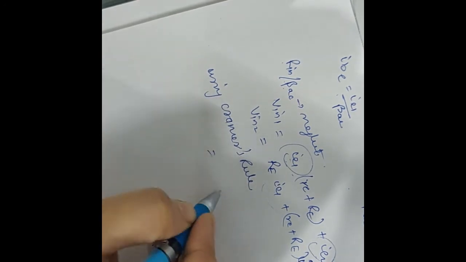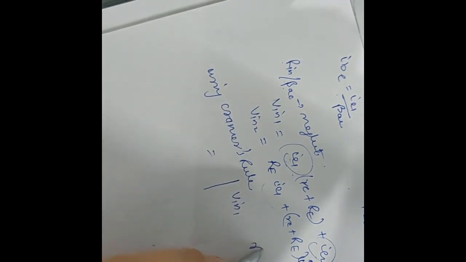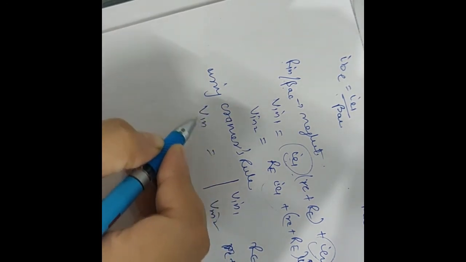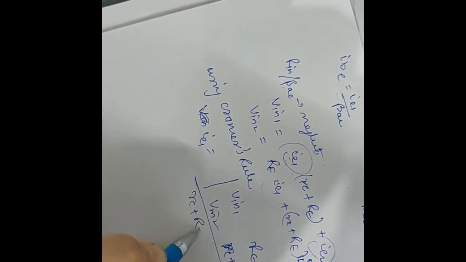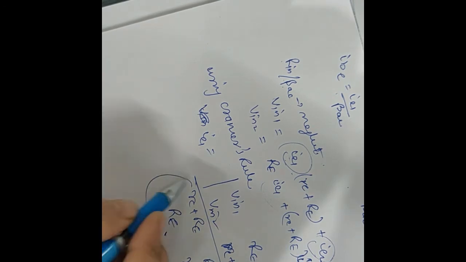So in this matrix you have Vin1, Vin2, Re, and re plus Re, and this is the value of Vin1. We first have the determinant of the equation, this matrix with re plus Re. After solving this, you will get the expression for IE1. Similarly, you will calculate the value of IE2.